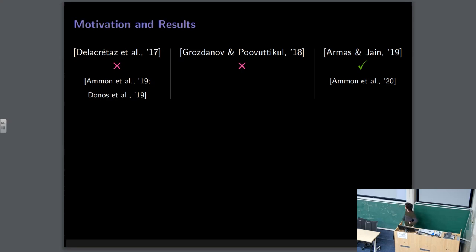Later there was a paper by Grozdanov and Pavlotikul, and however even within the paper they find inconsistencies between their quasi-normal modes and their constitutive relations. And in 2019 there was a paper by Armas and Jain, which until now has been compared with quasi-normal modes, namely in a paper by Martin Amon and collaborators, and it has been successful.